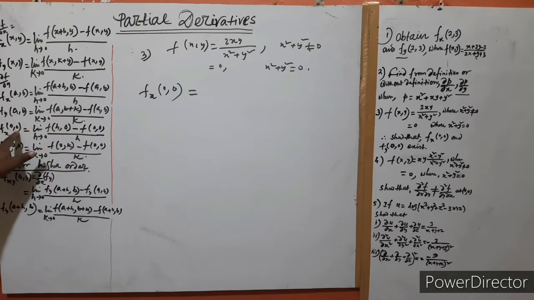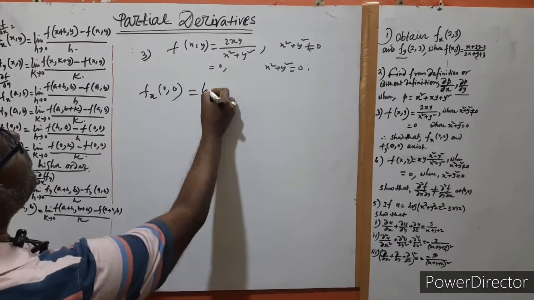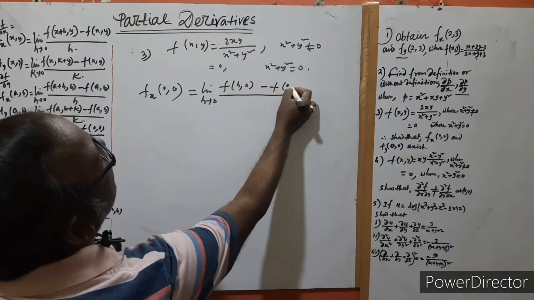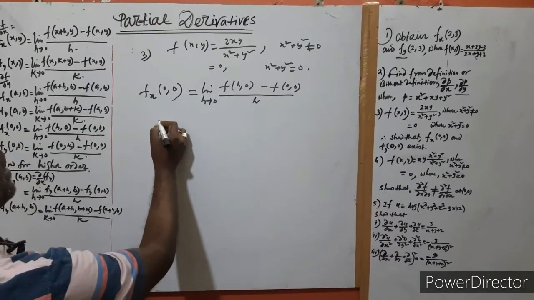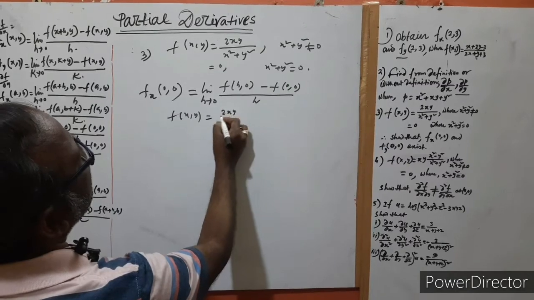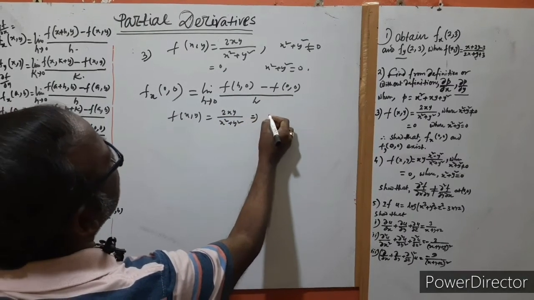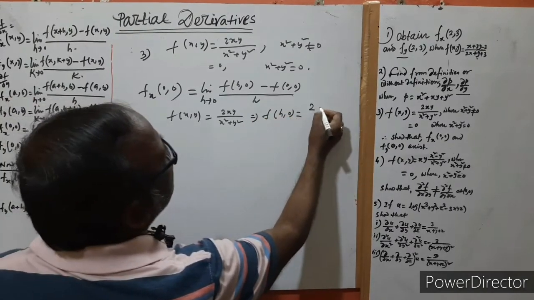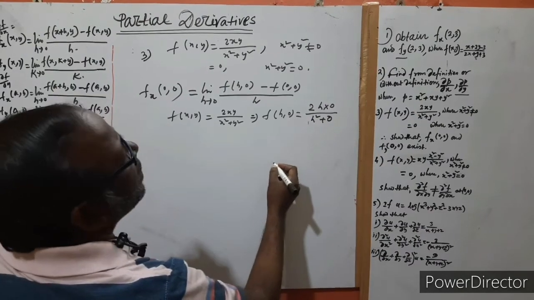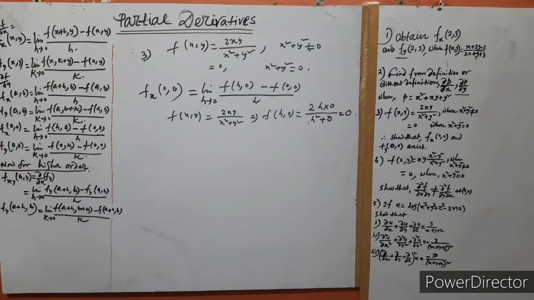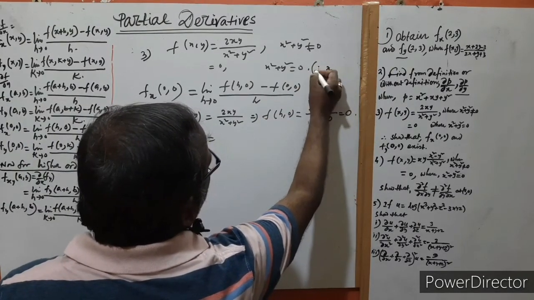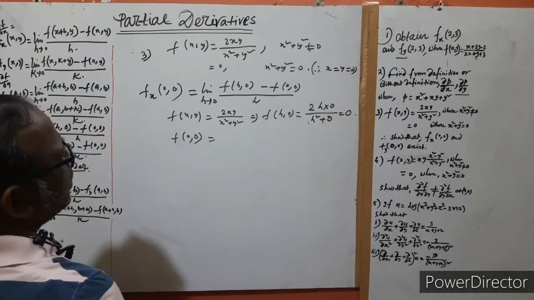With respect to (a, b) this is the definition, and for (0, 0) we can write the limit as h tends to 0 of [f(h, 0) − f(0, 0)]/h. Now f(x, y) is 2xy/(x² + y²), so f(h, 0) is 2h·0 over h² + 0, so you can simply write 0. So at (0, 0) it is 0.